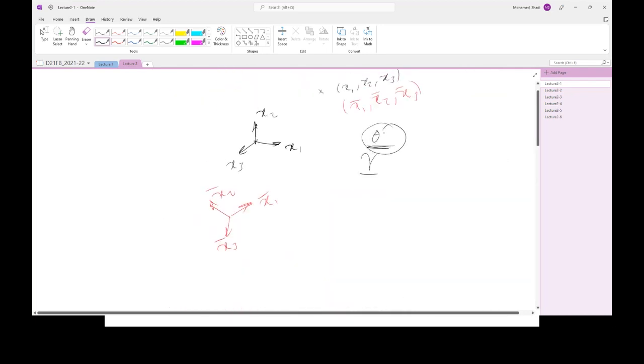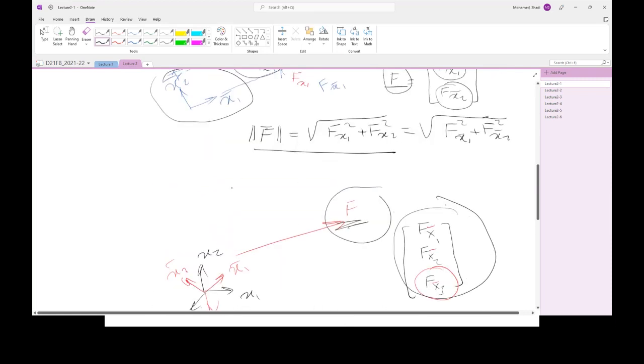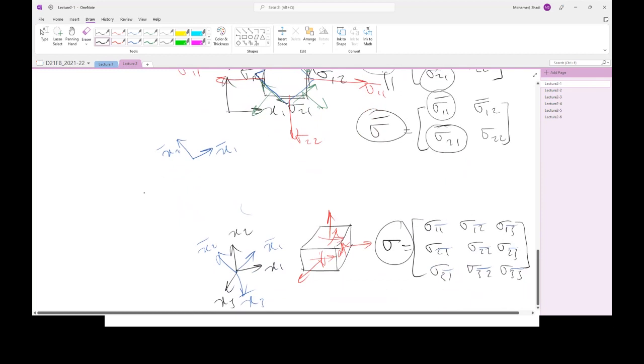Now, these ones here, we call them zero order tensors. These ones here, we call them first order tensors. And these ones here, we call them second order tensors.